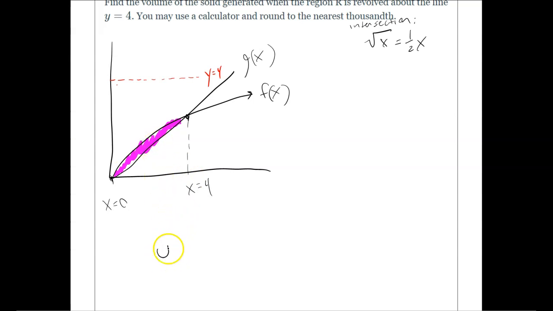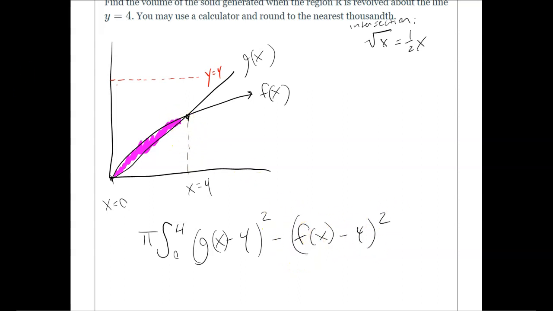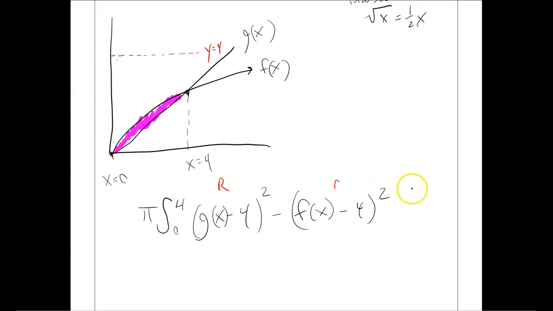So it would be the integral from 0 to 4 times pi. Then we'd have g of x minus 4 would be the distance, squared. By the way, this order doesn't matter because you're going to square it anyway. Minus the inside curve, which is f of x. Okay. So this is my outside radius. This is my inside radius. And now I can substitute those functions.